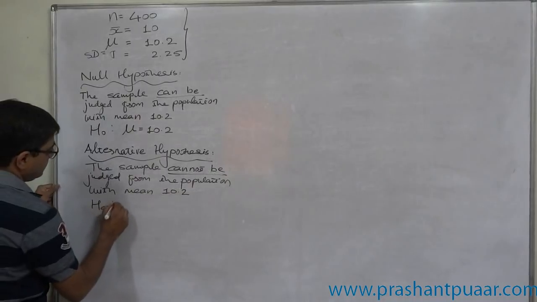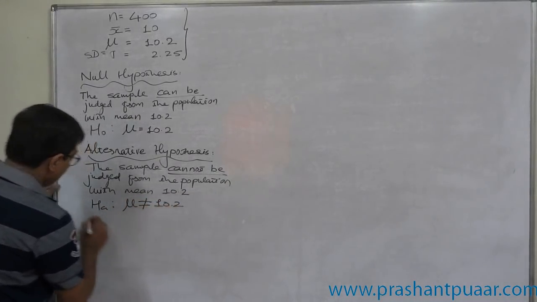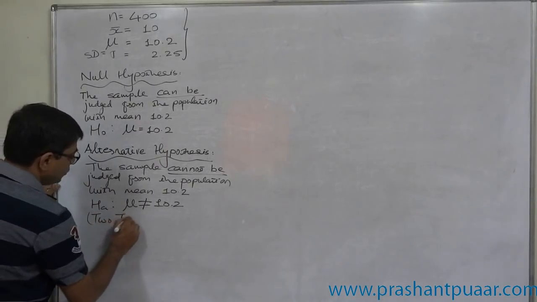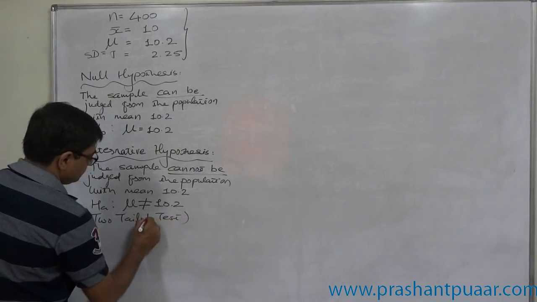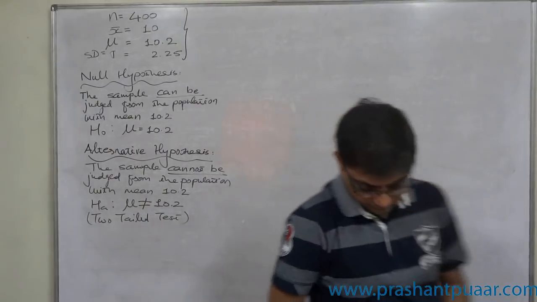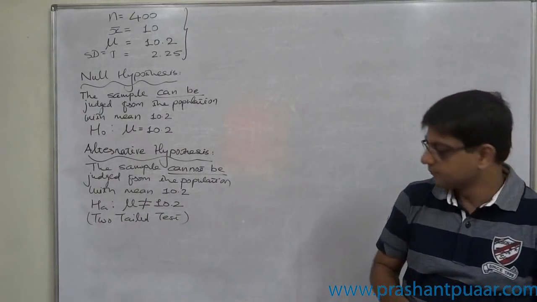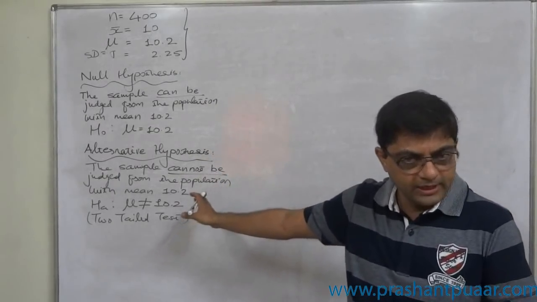That means the population mean is not 10.2. This is the case of a two-tailed test. Is it now clear what is a one-tailed test, what is a two-tailed test?